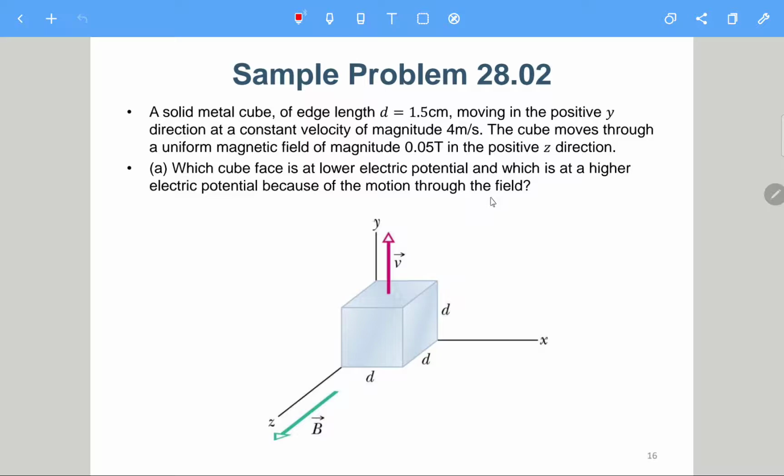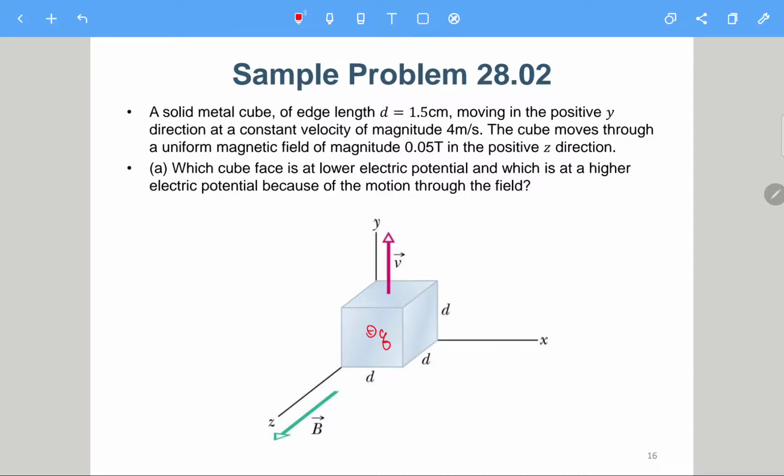Okay, so now we need to consider the Hall effect for this cube. Now we assume there is a B field pointing in the Z direction, and this cube is moving upward. We will consider the charge. The charge should be negative charge.